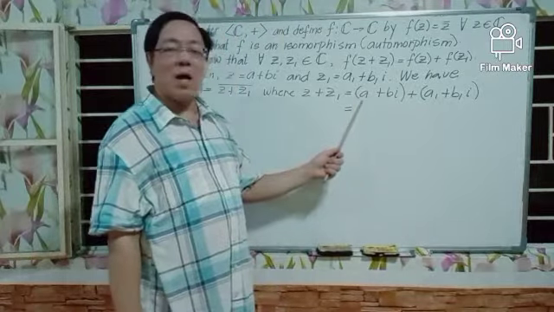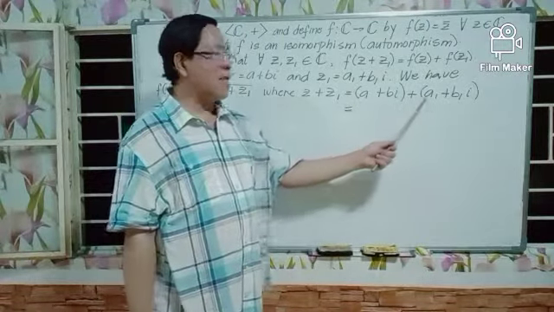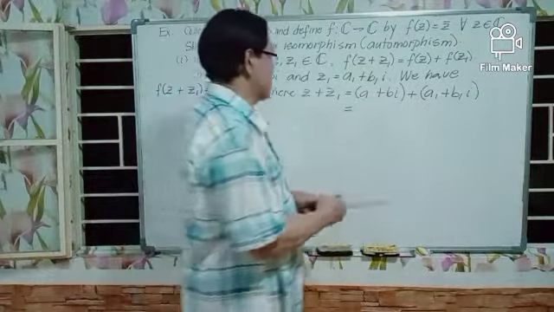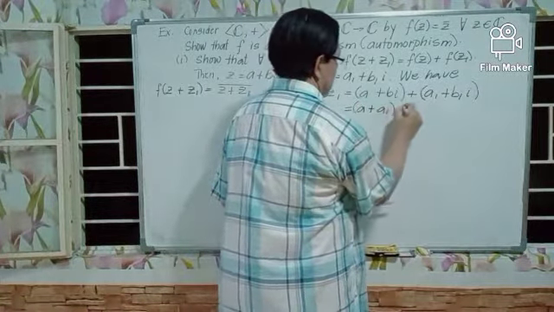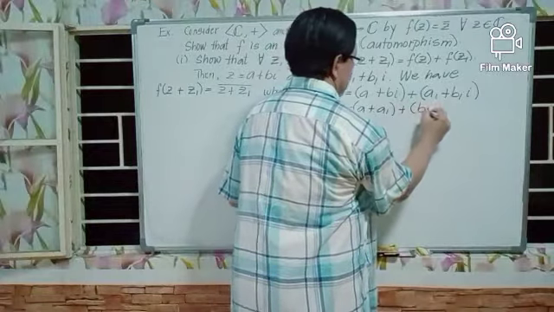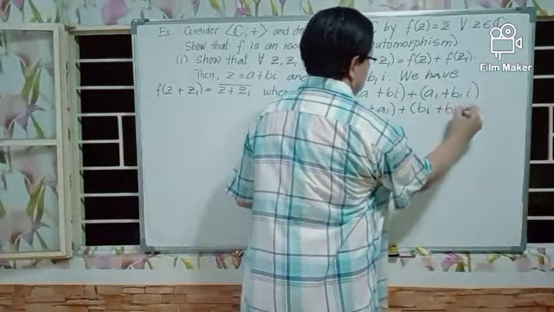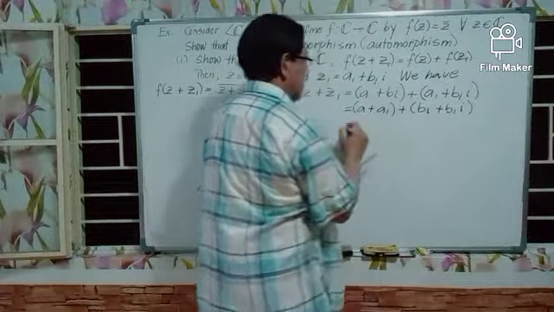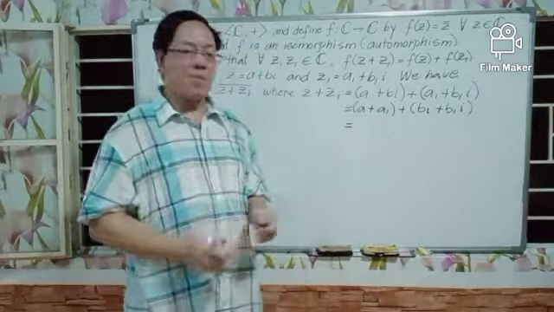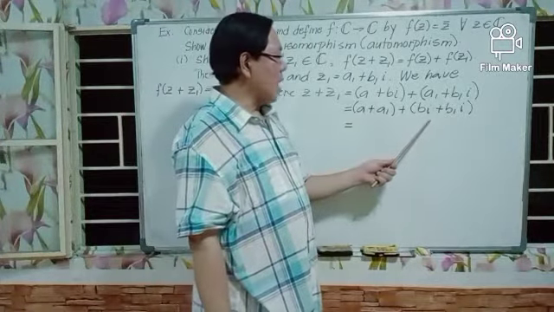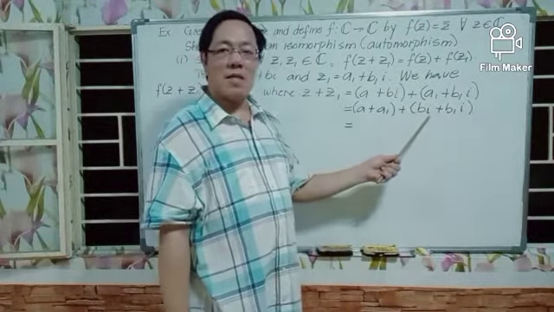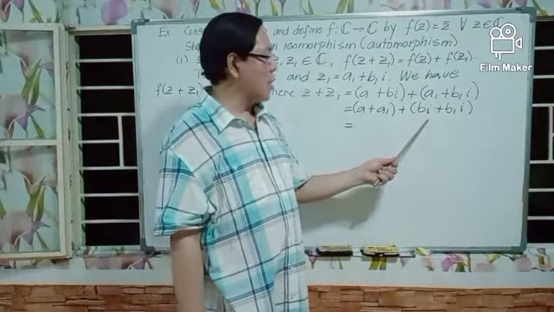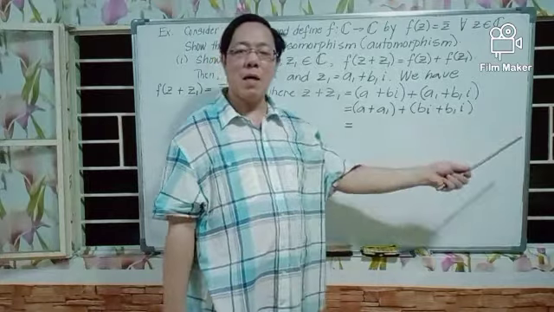And we collect the real parts. a and a1 are real parts. And we collect the imaginary parts, bi plus b1i. And you can see that i is a common factor, so we factor i to the right.